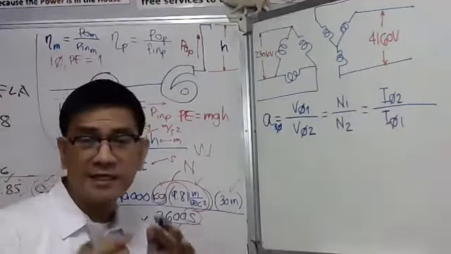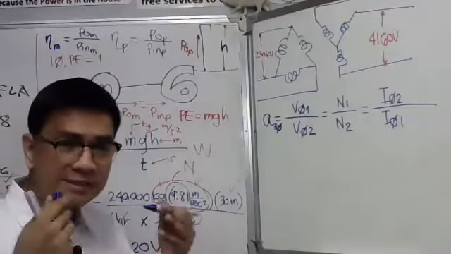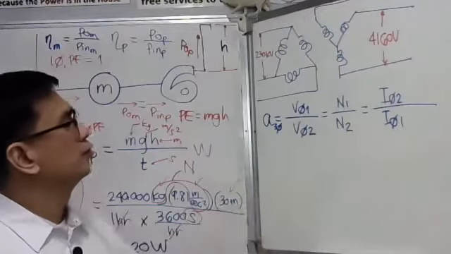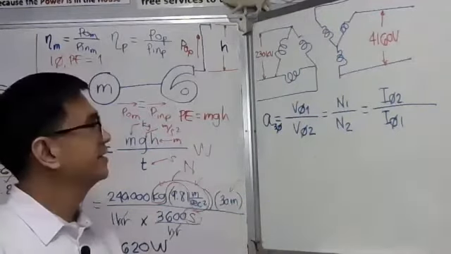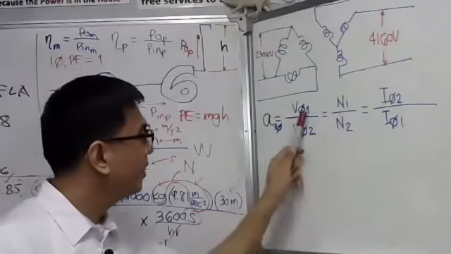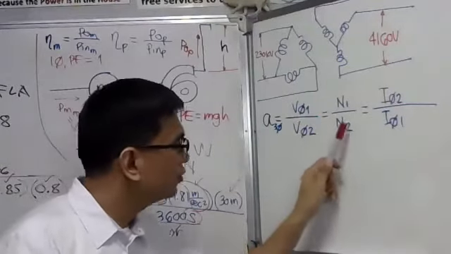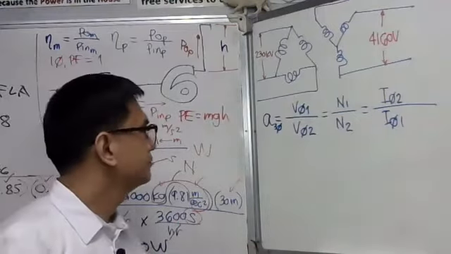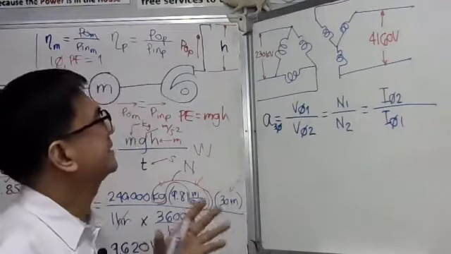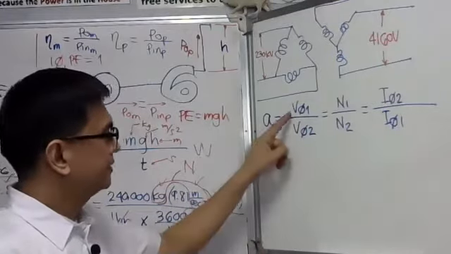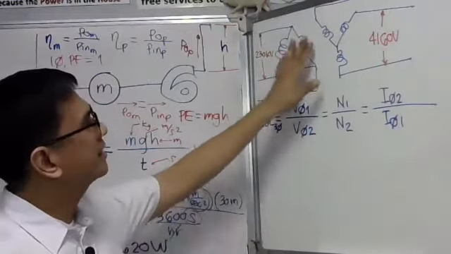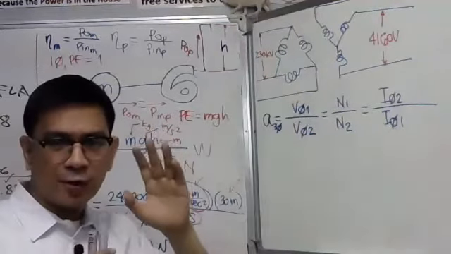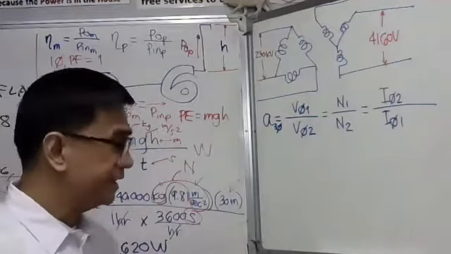Do you remember in the single-phase transformer we discussed before, the transformation ratio is V1 over V2, N1 over N2? Again, so the basis is the phase voltage. Remember that. We should know the basics of 3-phase voltages.